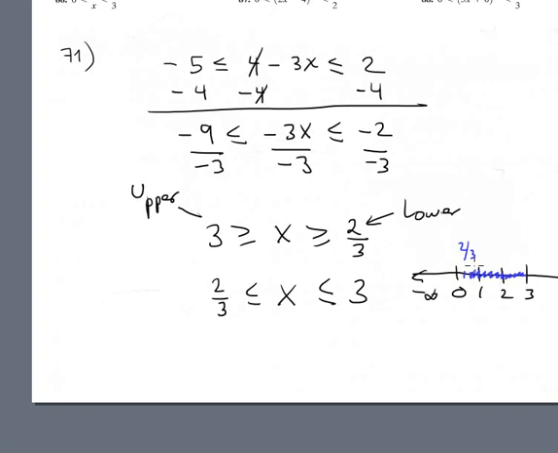Include both. Bracket, bracket. Now, the interval notation is bracket 2 over 3, comma 3, bracket. Or in set notation you copy that: 2 over 3 less than or equal to x less than or equal to 3.